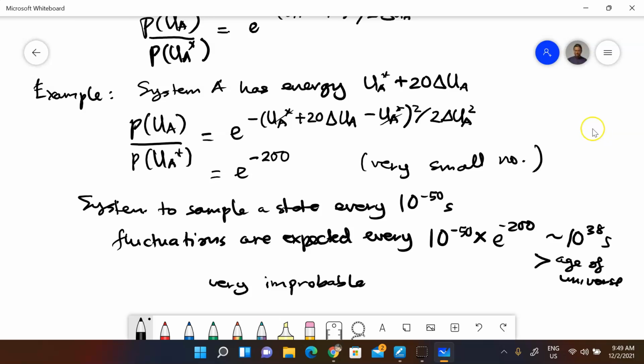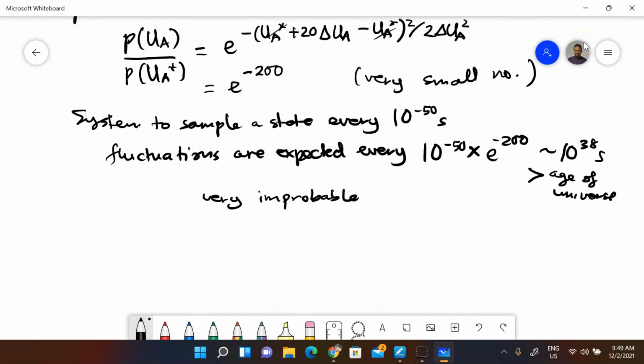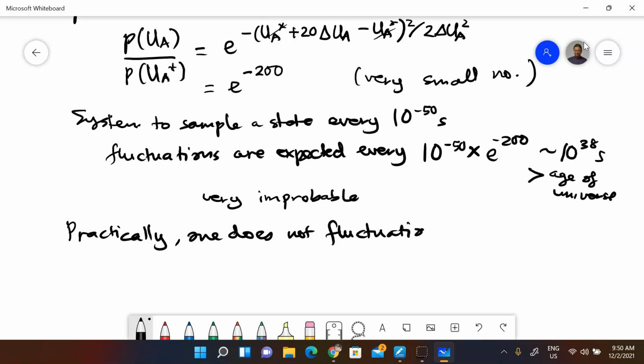Let me conclude by saying that practically one does not see fluctuations after reaching the equilibrium.